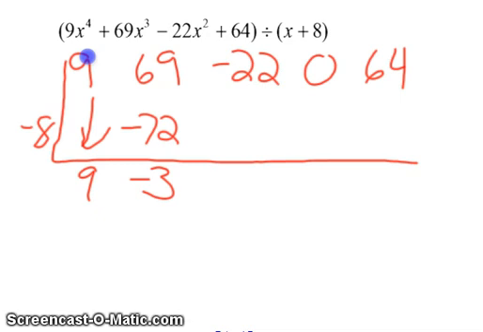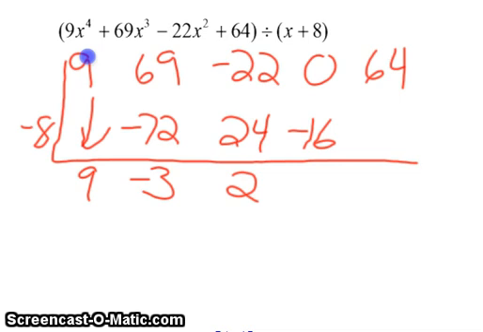Negative 3 times negative 8 is positive 24. Negative 22 and positive 24 is 2. 2 times negative 8 is negative 16. 0 plus negative 16 is negative 16. Negative 16 times negative 8.